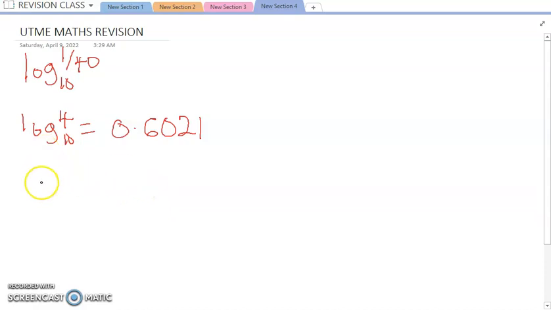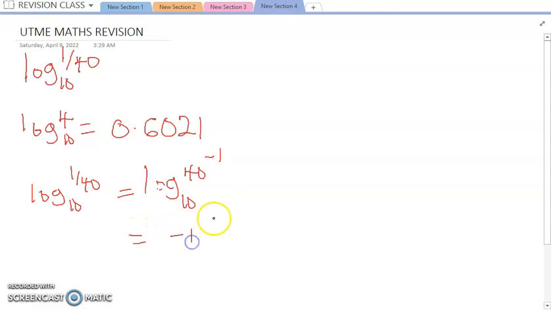Let us apply the law. Log base 10 of 1/40 is the same thing as log base 10 of 40 raised to power minus 1. Now it means we have minus 1 bracket log base 10 of 40. Now you will agree with me that 40 is the same thing as 4 times 10.